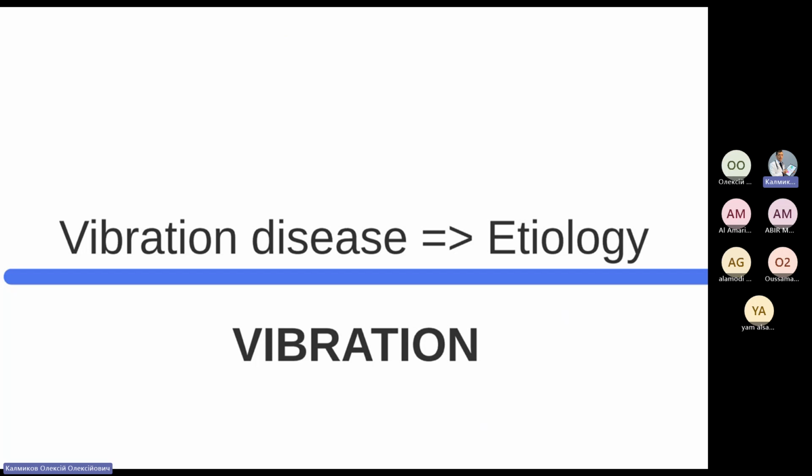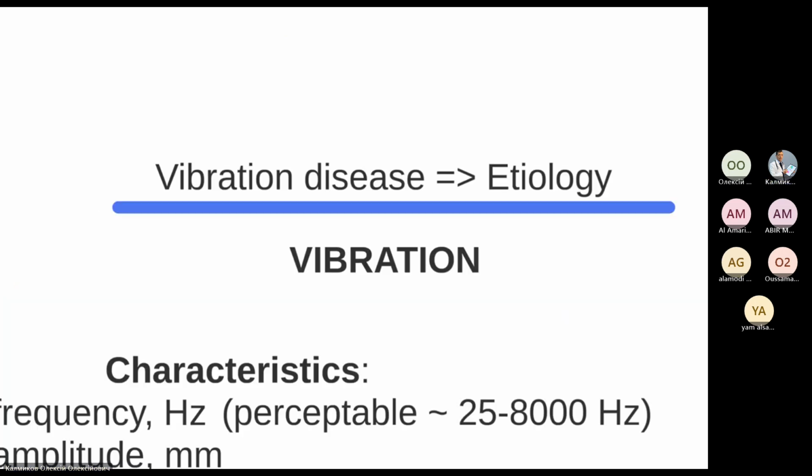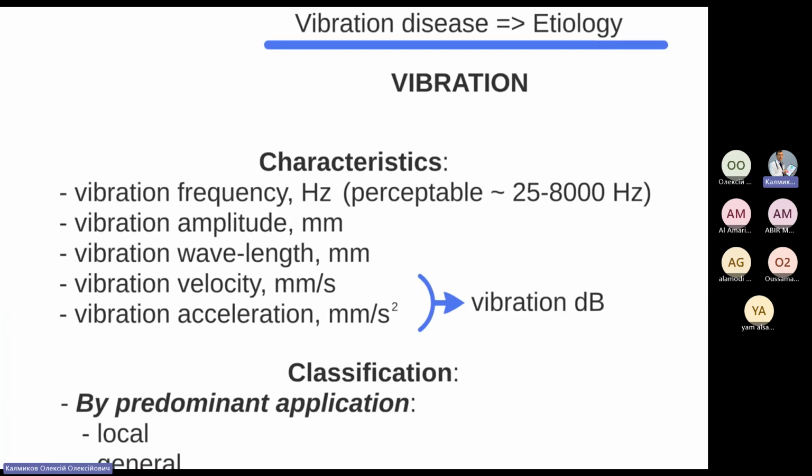The etiology of vibration disease is literally vibration. All the rest of the possible factors are precipitating; they are modeling the vibration, they may predispose or protect from the influence of vibration, but cannot cause vibration disease by themselves. But vibration is the only one.